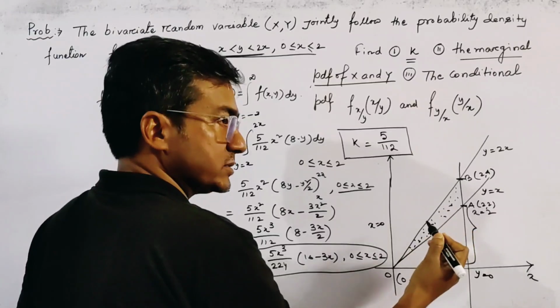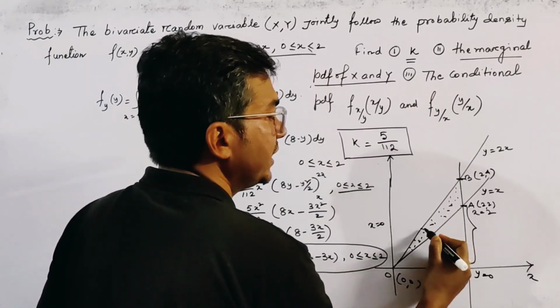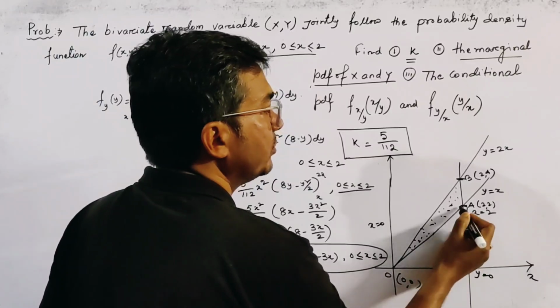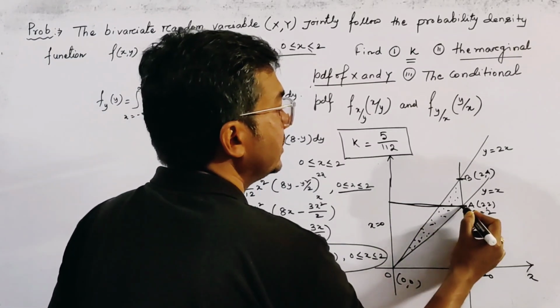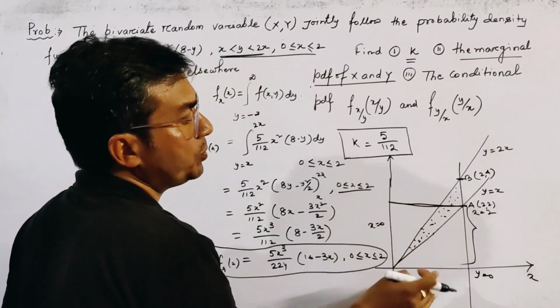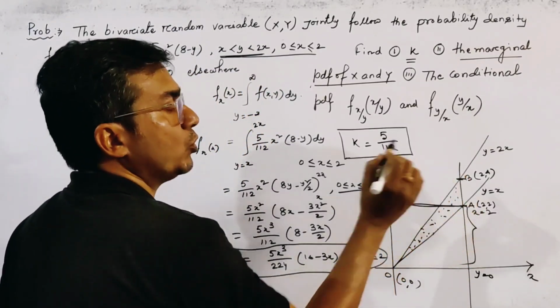the value of x starts from this line and ends in this line, because if we draw here a line which divides two parts, y equal to 0 to 2 and y equal to 2 to 4.